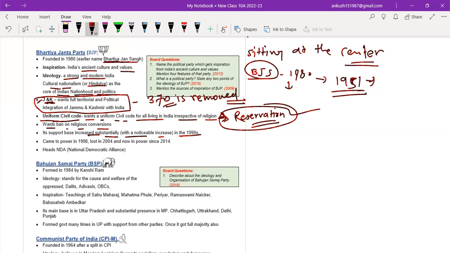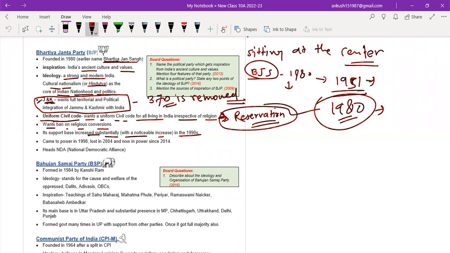Actually, till 1980 the Bharatiya Janata Party did not even dare to stand in front of the National Congress Party. But after the national emergency of 1977 to 1979, the party poked its head out and contested the election in 1980 against the Congress Party, but it was not a winning game for them.